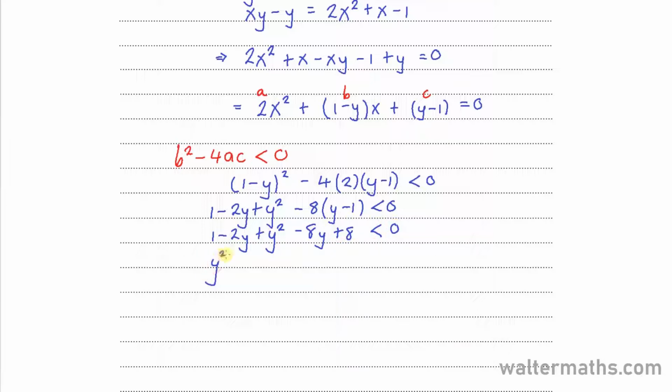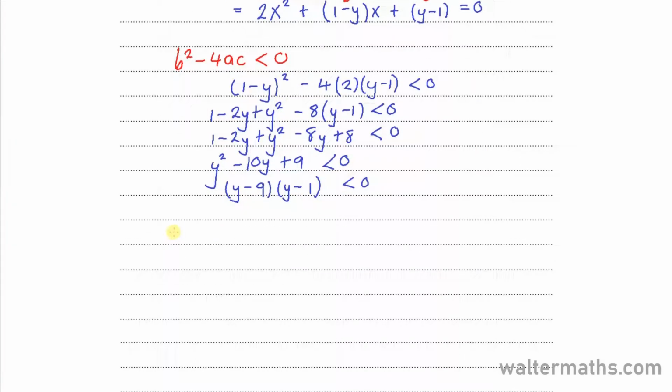That's y squared minus 10y plus 9 is less than 0. And we can actually factorize it as (y minus 1)(y minus 9), and we have two critical points. Our critical points occur when y is equal to 1 and y is equal to 9, by equating this to 0.